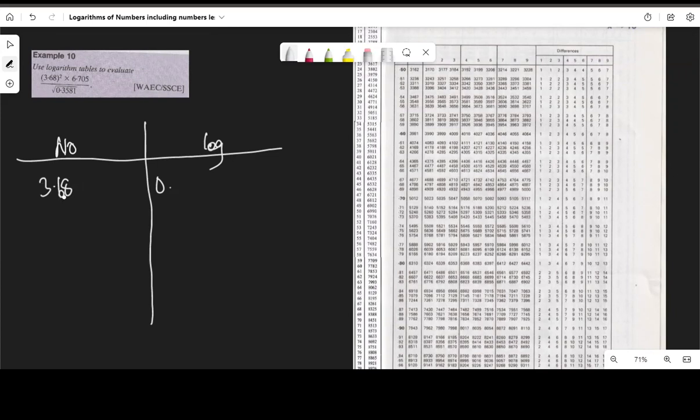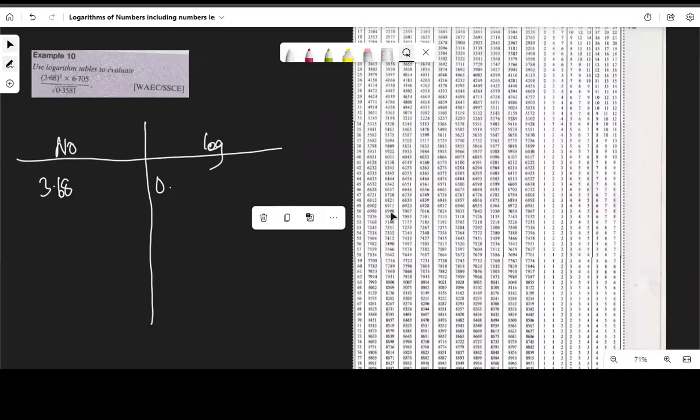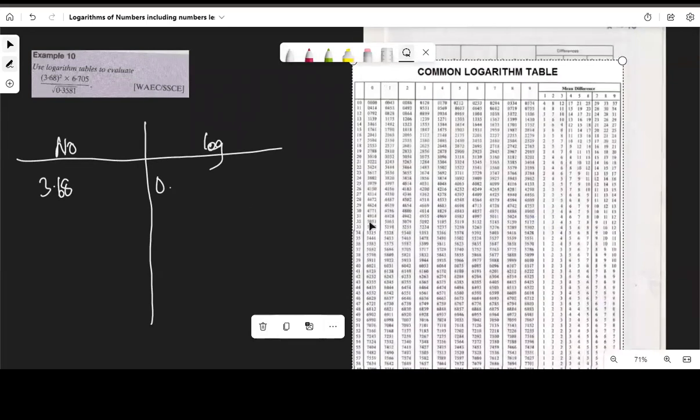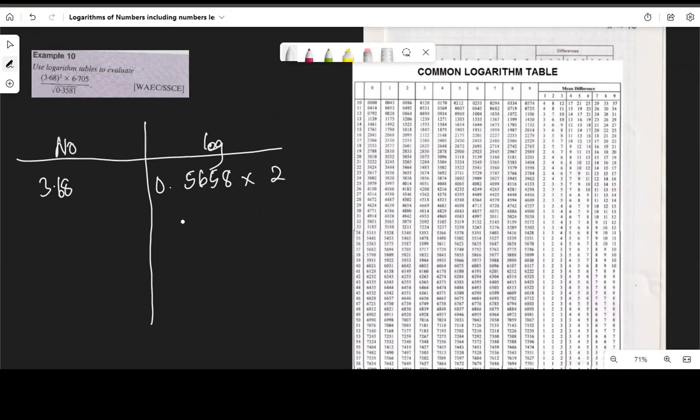The logarithm of 36 under 8 is 56, 58. And because of this square here, we will multiply this by 2, so that 3.68 to the power of 2 becomes 2 times 8 is 16.